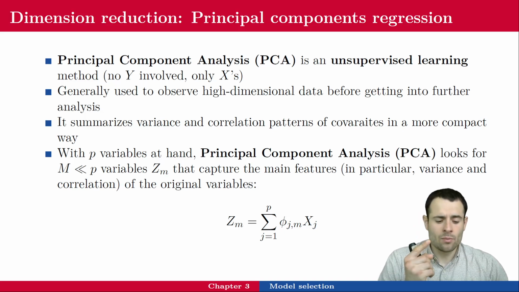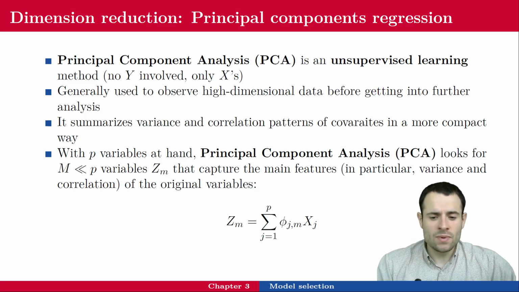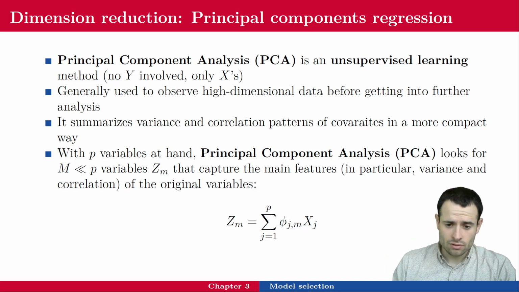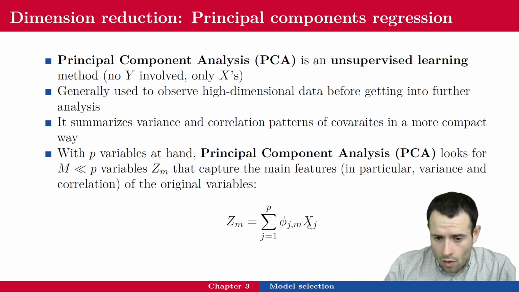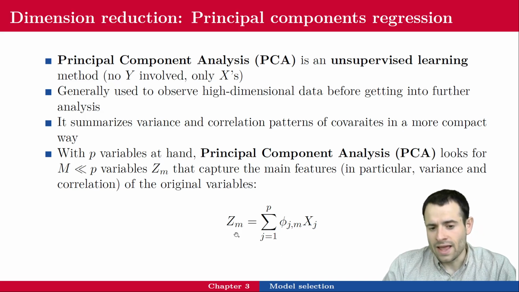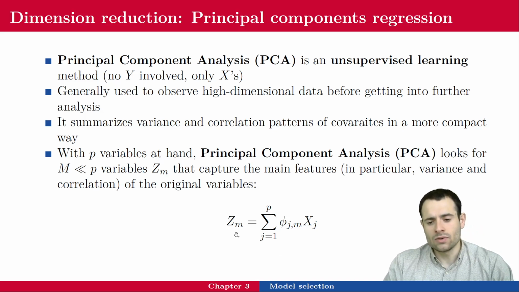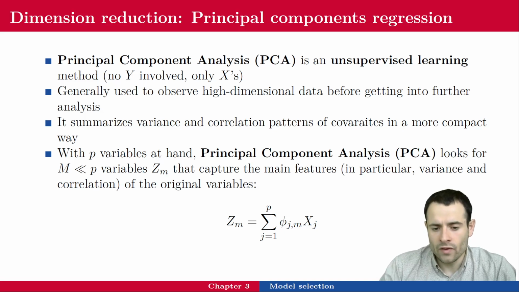So one variable Zm is going to be a linear combination of all of my x's. Look, my x's go from 1 to p. One variable Zm, and I have big M of these variables. One variable is going to be a linear combination of all of my x's, and the numbers in front of the x's, which is phi, will be specific to that variable m.